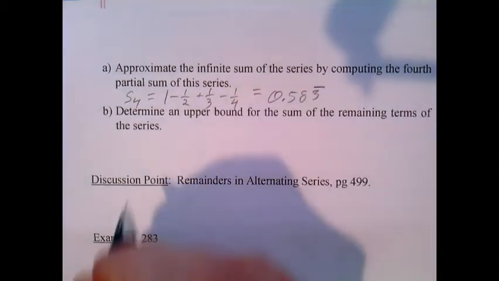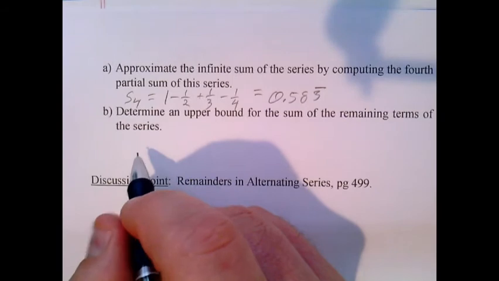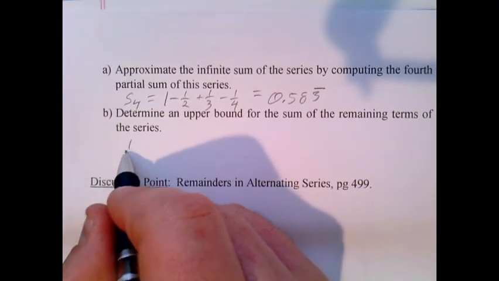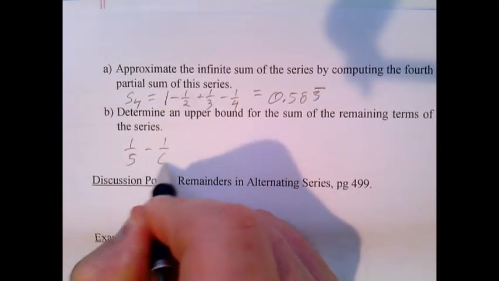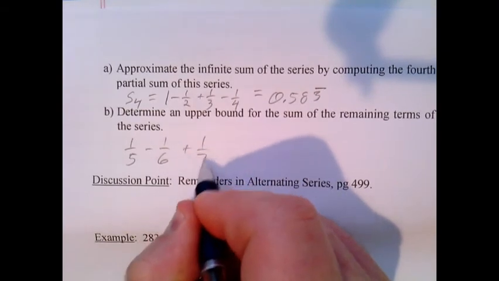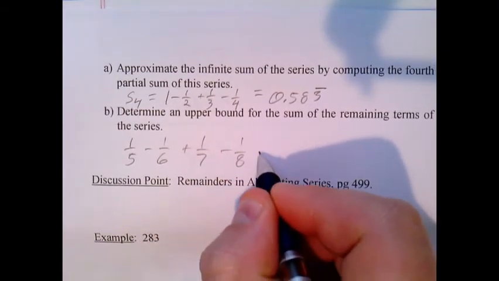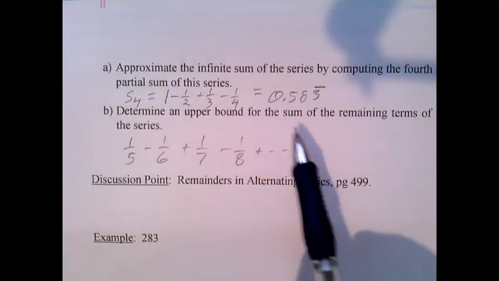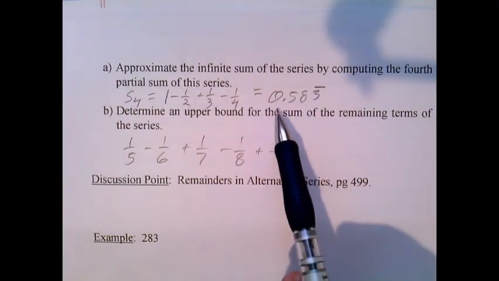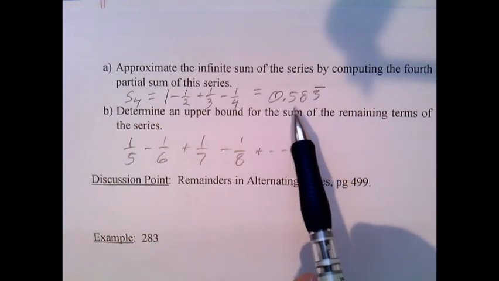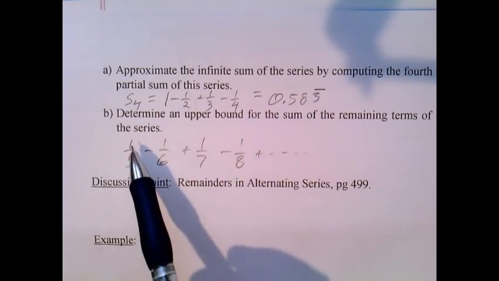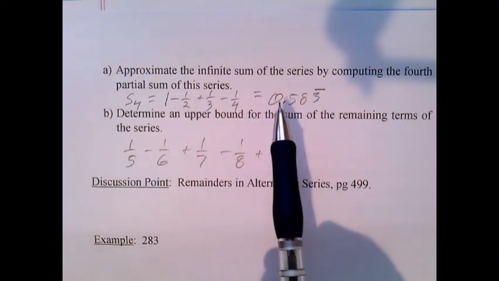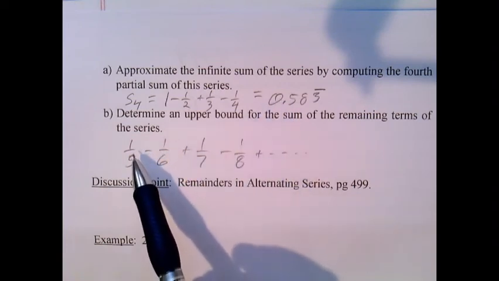I mean, let's think about the rest of the terms, the ones we left out. The terms we left out are 1/5 minus 1/6 plus 1/7 minus 1/8, and then it keeps going. So if I were to continue adding terms on, this was my fourth partial sum. To get my fifth partial sum, I would add 1/5 to that number, which would increase it.